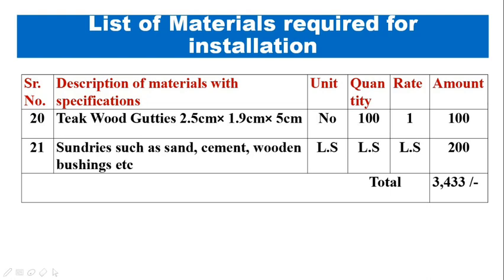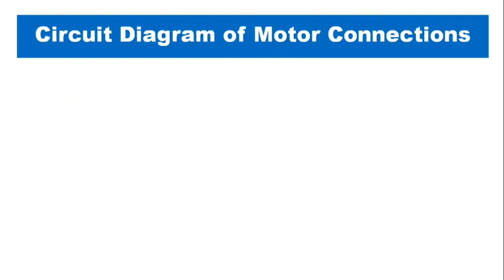Not an approximate amount, you have to always mention the lump sum amount for the sundries. So the lump sum amount I have taken here is 200. Then by adding the amount of each material you can calculate the total amount required for the installation.